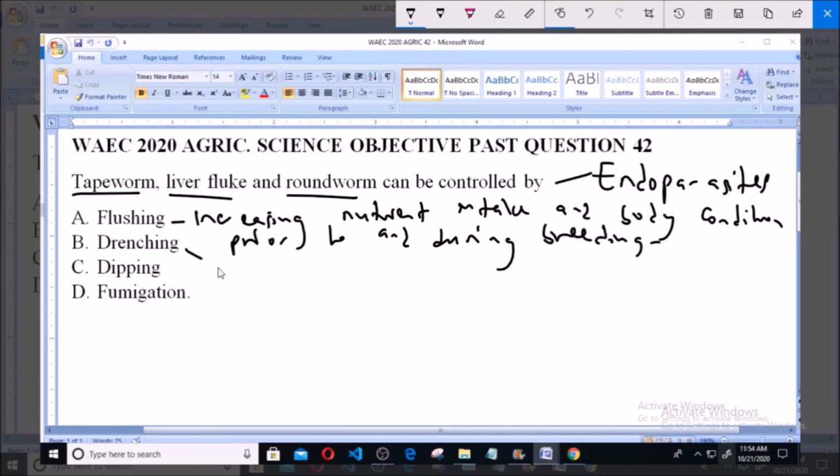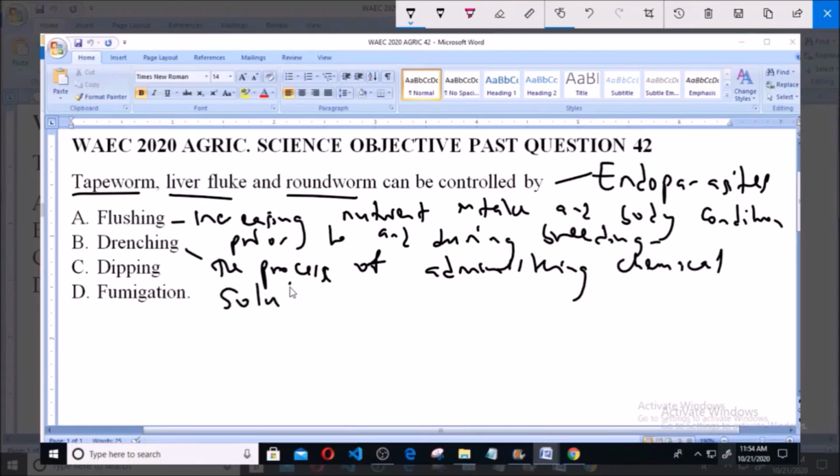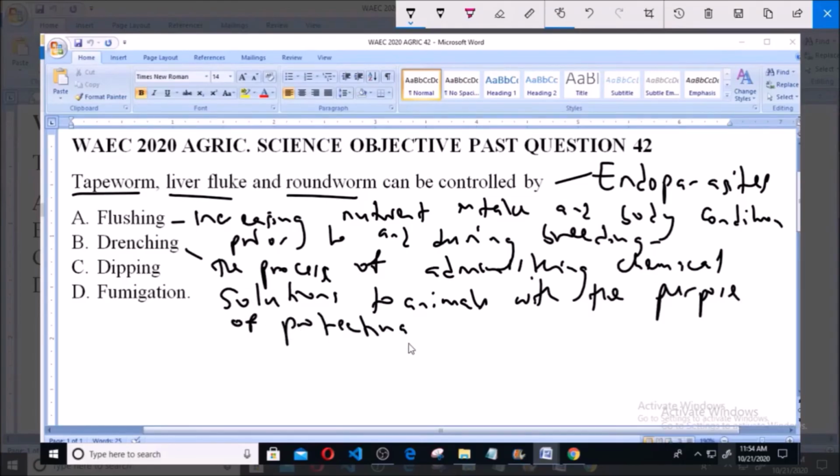Now, option B says drenching. Drenching refers to the process of administering chemical solutions to animals with the purpose of protecting them from various parasites.